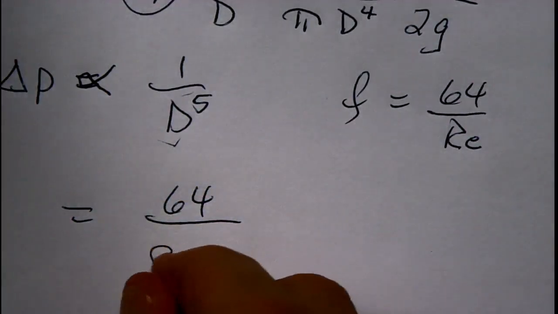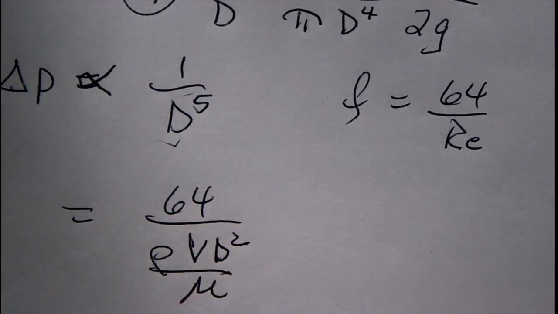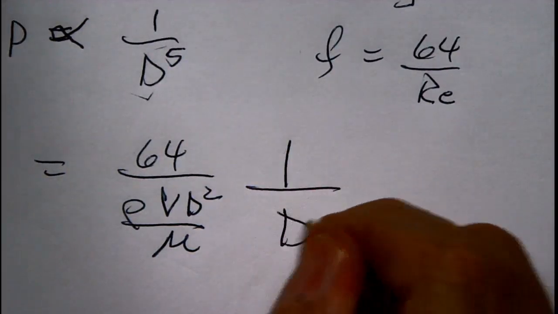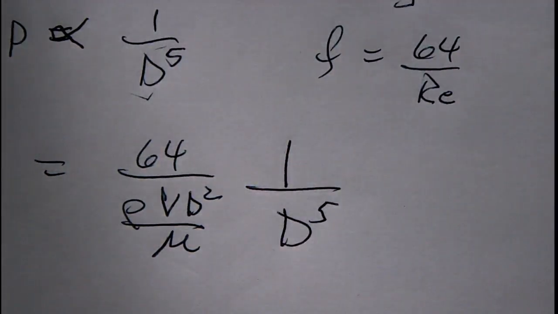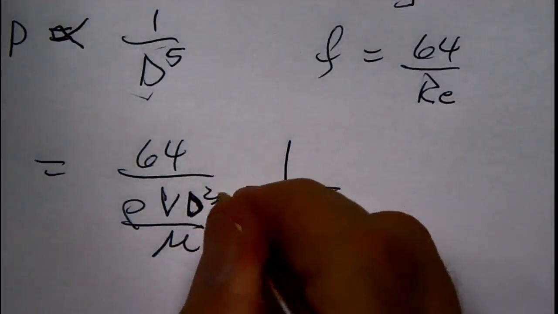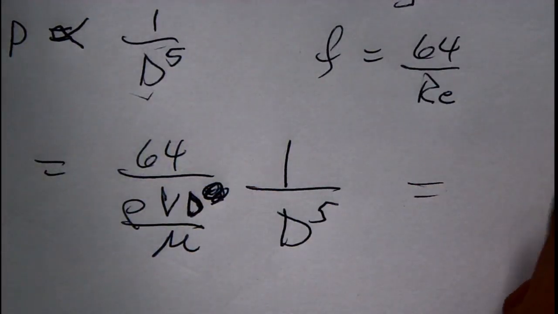Reynolds number is rho V D over viscosity. And then I'll put in this diameter to the 5th power here and see what happens. It looks like it's not diameter squared, it's just diameter. It looks like it suddenly becomes diameter to the 6th power.